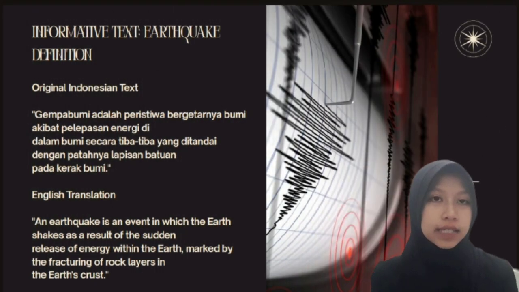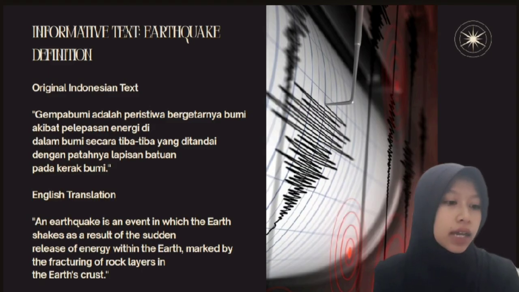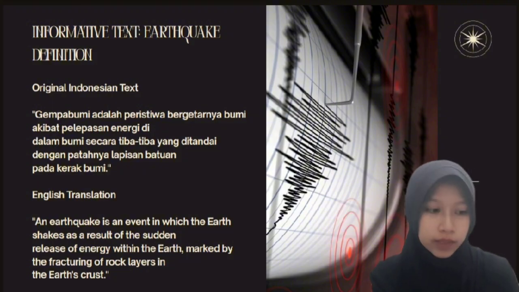Okay, the next slide is where we're going to talk about the first type, the informative text. Now I have some source text from BMKG. It's about earthquake knowledge. The title is pengetahuan gempa bumi.